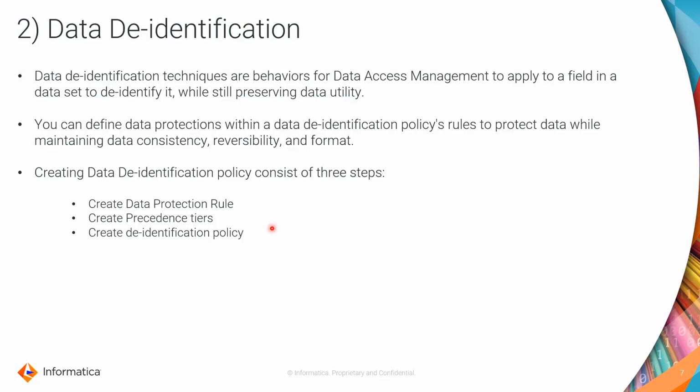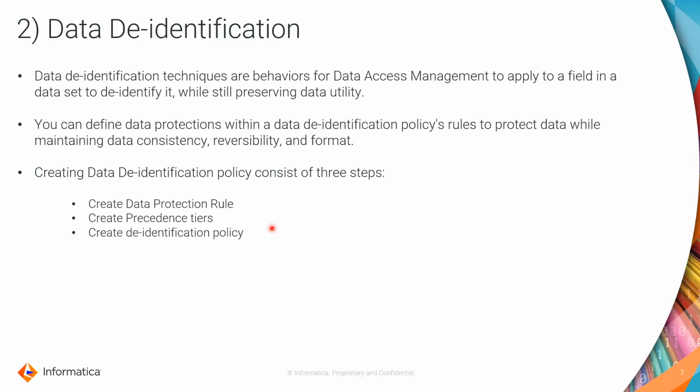We'll just mask it as xxx@informatica.com, so it won't be visible to the users. For that, we can define data protection within the data de-identification policy to protect that data. In that data protection rule, we mention that whenever there is an email ID, what value we should switch or replace it with.